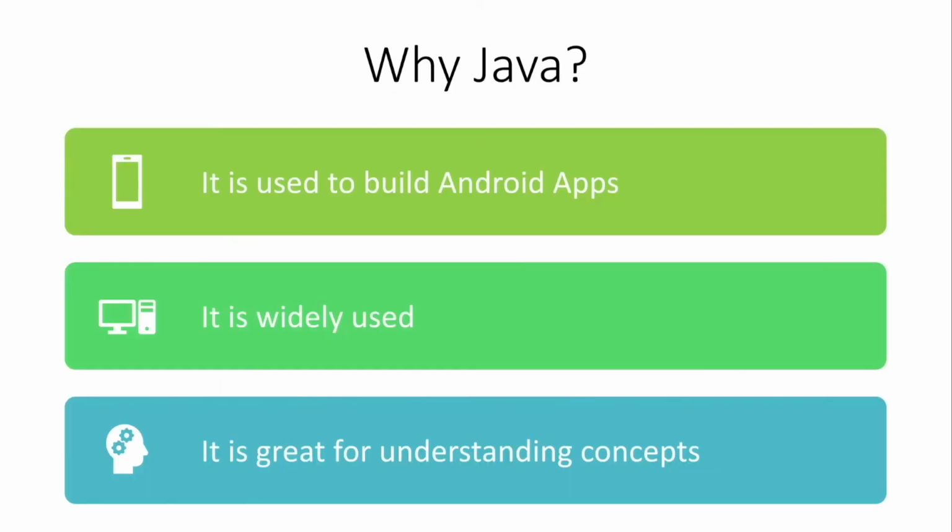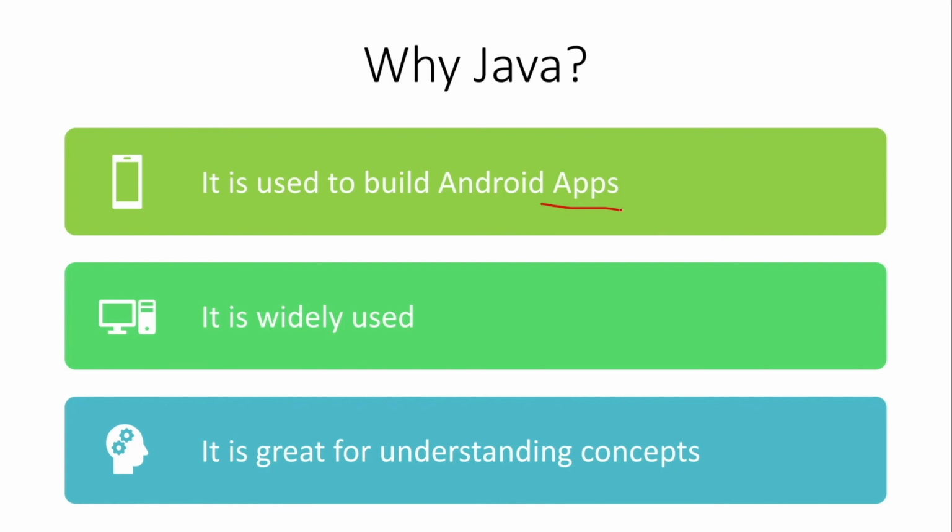So, in this course, like I've said earlier, you will learn Java. So, why are we learning Java instead of any of the other languages that I showed you earlier? Well, there's a couple reasons. First, it is used to build Android apps. These are the ones on Samsung or Google phones.